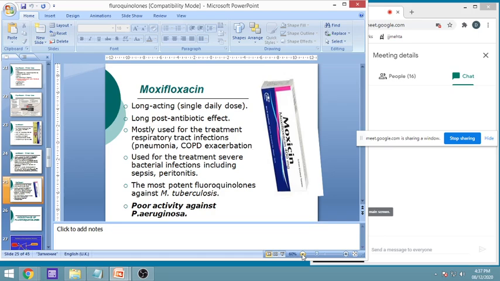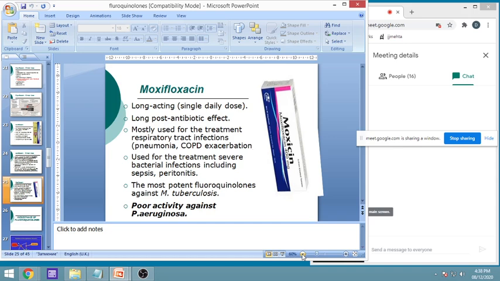The drug is to be administered once daily. It shows a long-acting post-antibiotic effect. That is, even after stopping administration, the effect on the microbial agent will last for a long period of time.